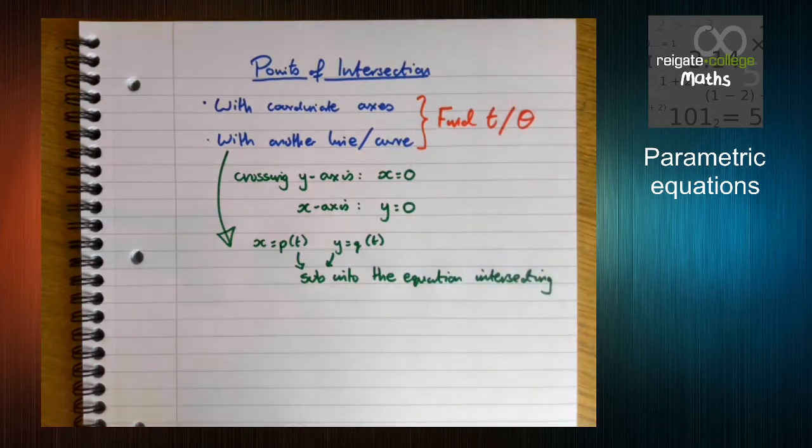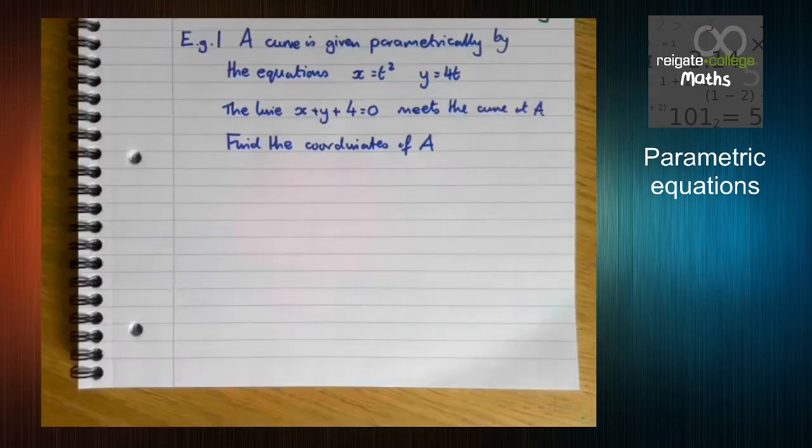Use that to find t, or theta, and then work it backwards to find x and y. So we're going to have a look at a couple of examples to show you what's going on, and then I'll let you go off and practice.